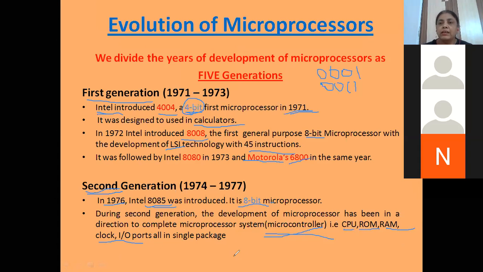So it is a complete small computer in a single chip, and it is used only to perform a dedicated function. Just like a microwave, for example, you have a microwave at your home. If you want to control the function of the microwave, आपको कंप्यूटर की जरूरत है पूरी? No, you don't require a full-fledged computer. Why?